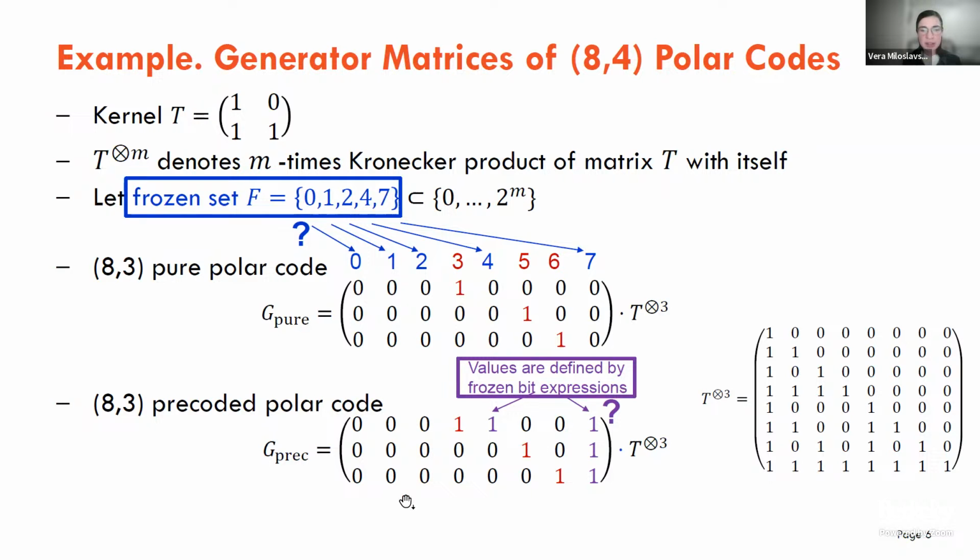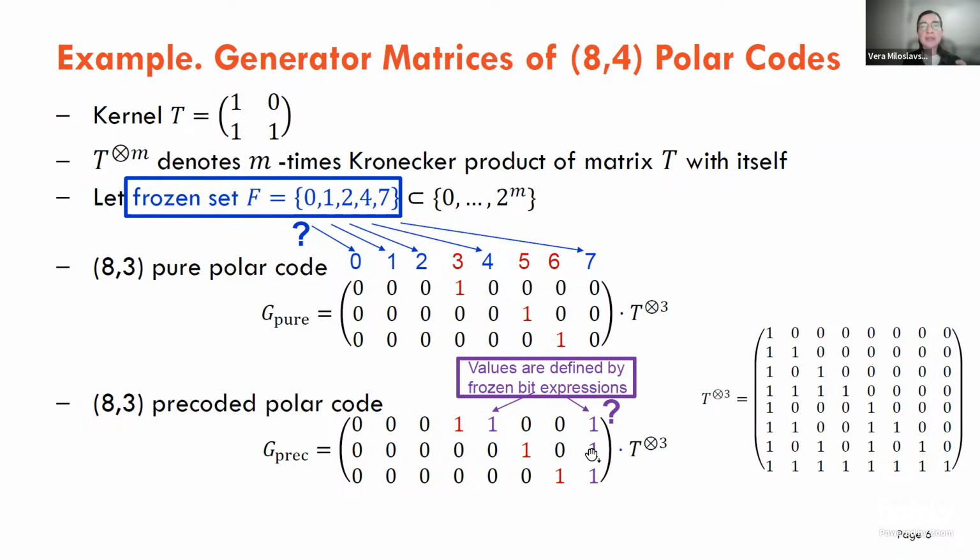They considered just the general definition of precoded polar codes, and polar codes with CRC can be presented as a special case of precoded polar codes. For example, in the case of polar codes with CRC, we will have some non-zero elements in the last columns.